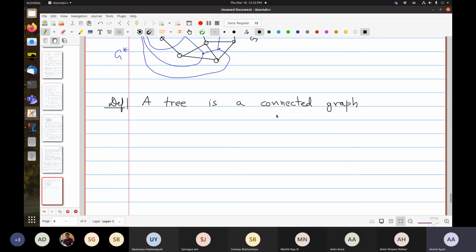It just means that there is a path between any two vertices. A path is a sequence of vertices such that any two neighboring vertices have an edge. So a tree is a connected graph with no cycles.